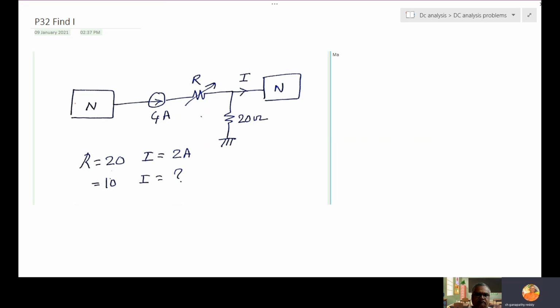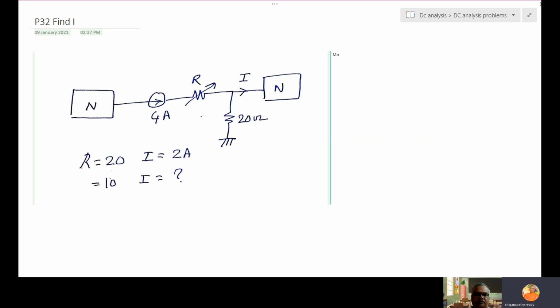Here two networks N are connected like this. Here 4 amps. It's a peculiar problem. Just look at the problem and try to understand what is given. Here is a 4 ampere current source, R is variable. The current flowing in this N is I. This side 20 is connected to ground.